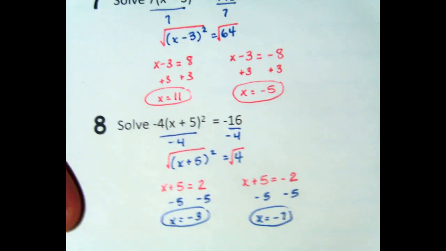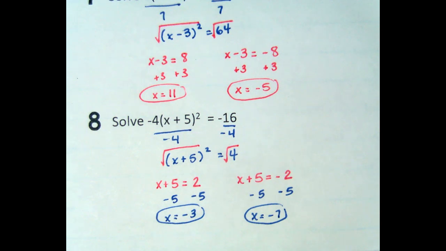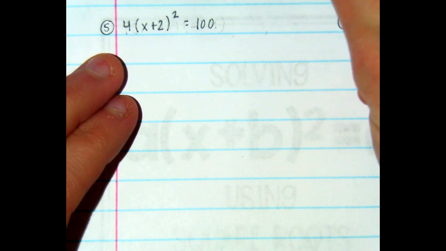I'm going to leave that there for a second in case you didn't get it, but we're going to write on page 115 again. So, continuing to write on page 115 from yesterday, here is number 5. 4 parentheses x plus 2 squared equals 100. Number 6, 5 parentheses x plus 1 squared equals 20.